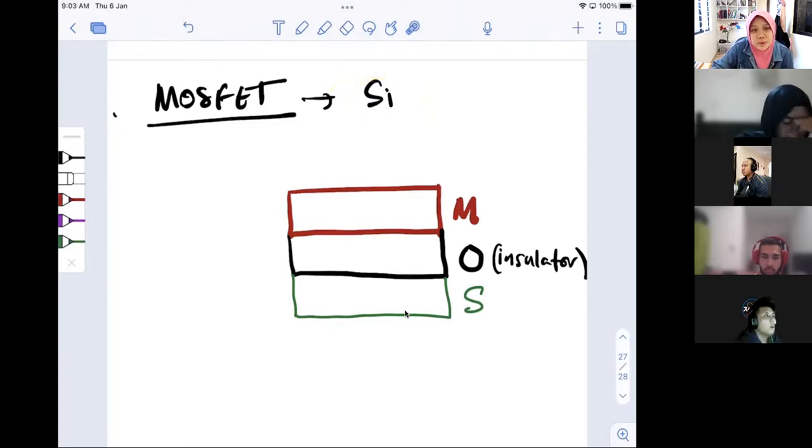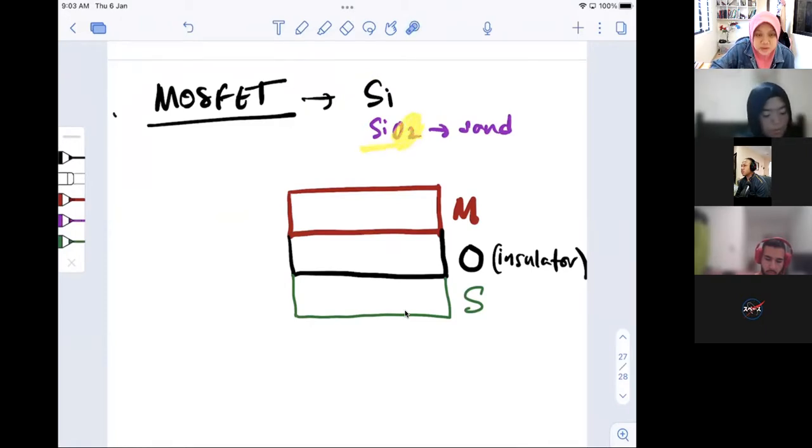You can just purify sand to get silicon. Sand is actually silicon dioxide, silicon that has been oxidized. If you remove the oxygen, you are left with pure silicon.